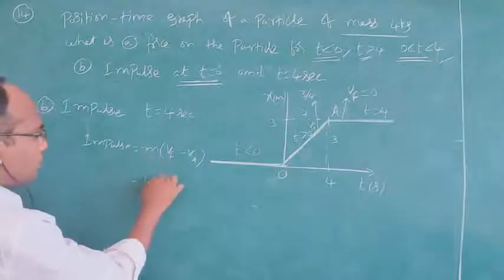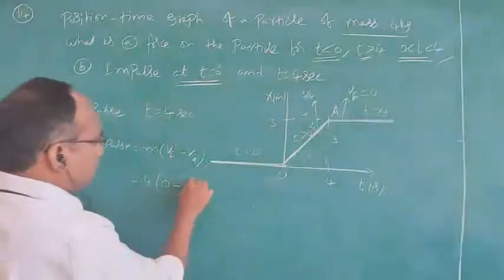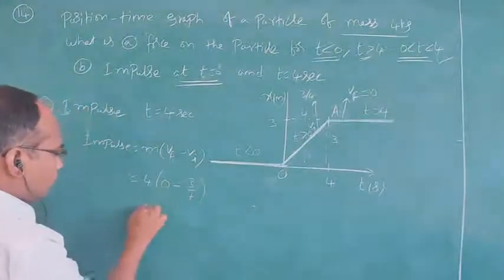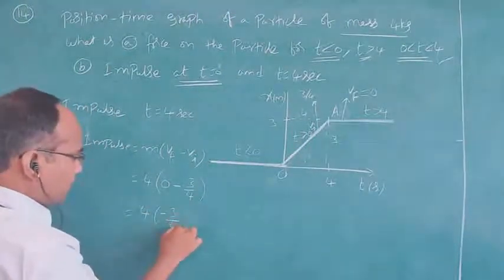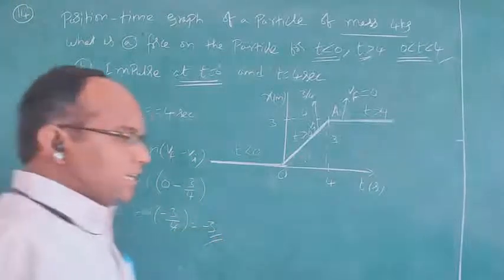So what is the value? Mass is 4, vf is 0 minus vi, which is 3 by 4. So that is 4 into minus 3 by 4. Therefore this is nothing but minus 3. This is the impulse.